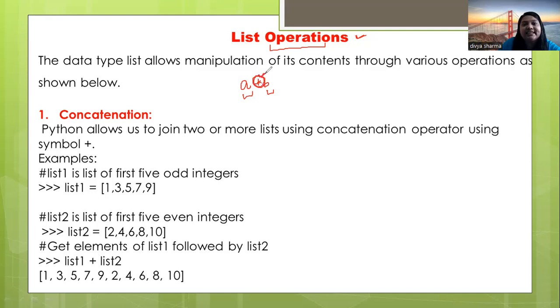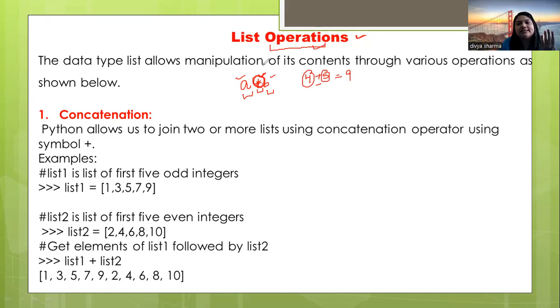Means that the plus symbol will do the sum of A and B. Suppose 4 plus 5. The output will be 9. So 4 and 5 are the operands, plus is the operator. Similarly, in case of a list, the operation is to be done on two lists.